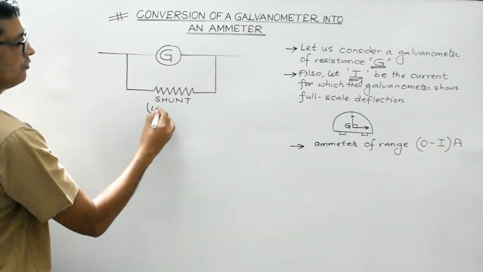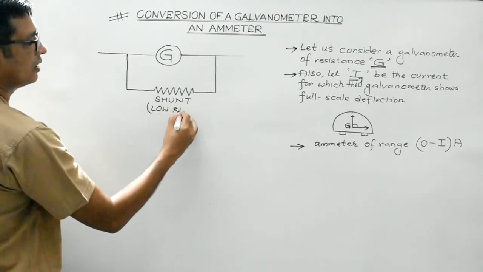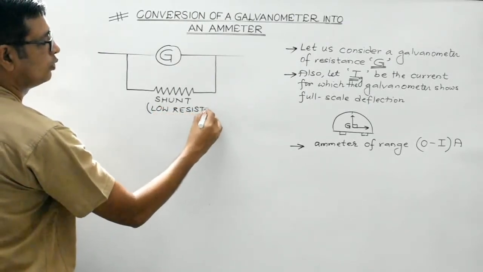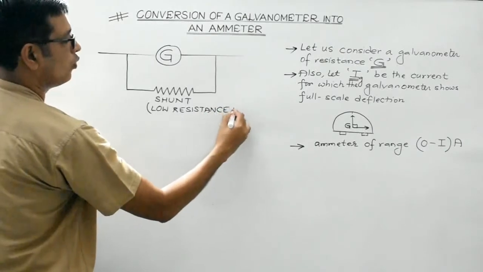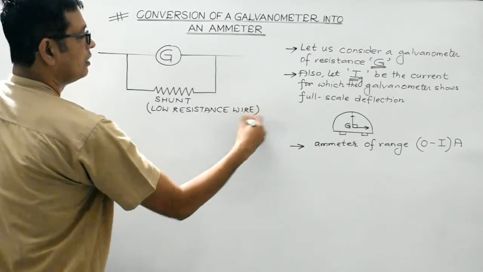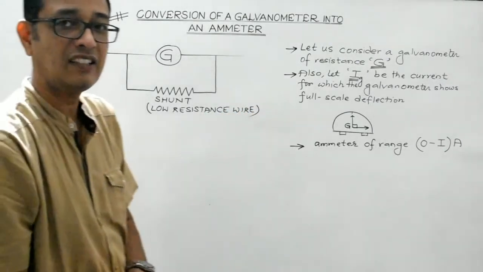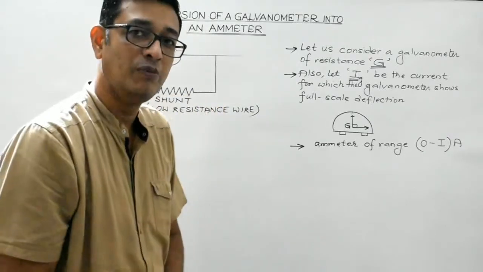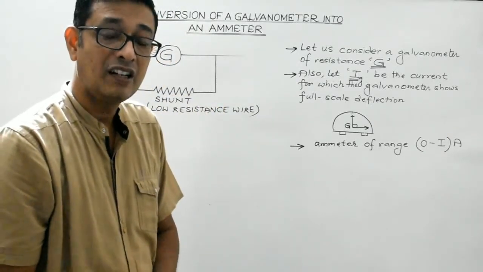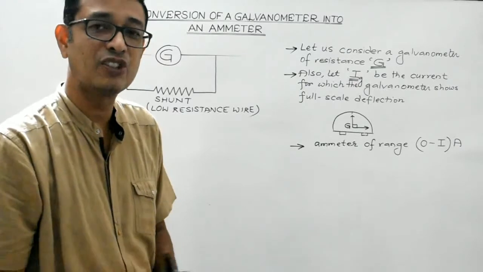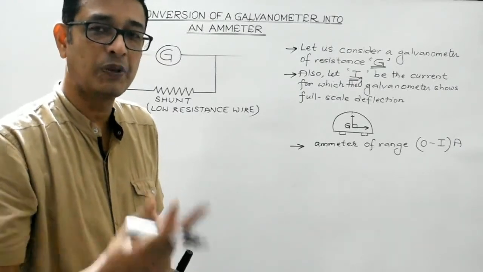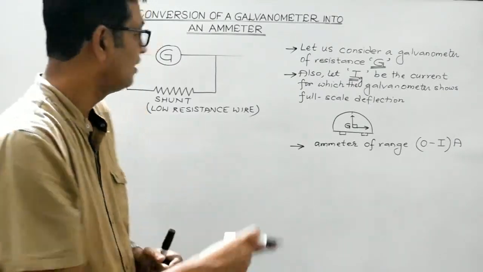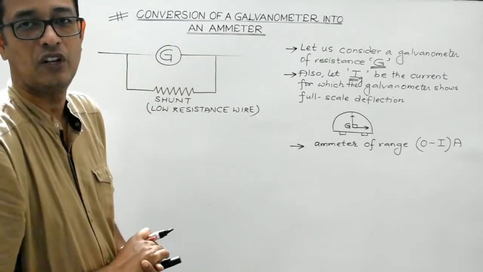Actually, it is a very, very low resistance wire. So, first point to be noted is that in order to convert a galvanometer into an ammeter, a low resistance wire, which is known as shunt, is to be connected in parallel to the galvanometer coil, right?